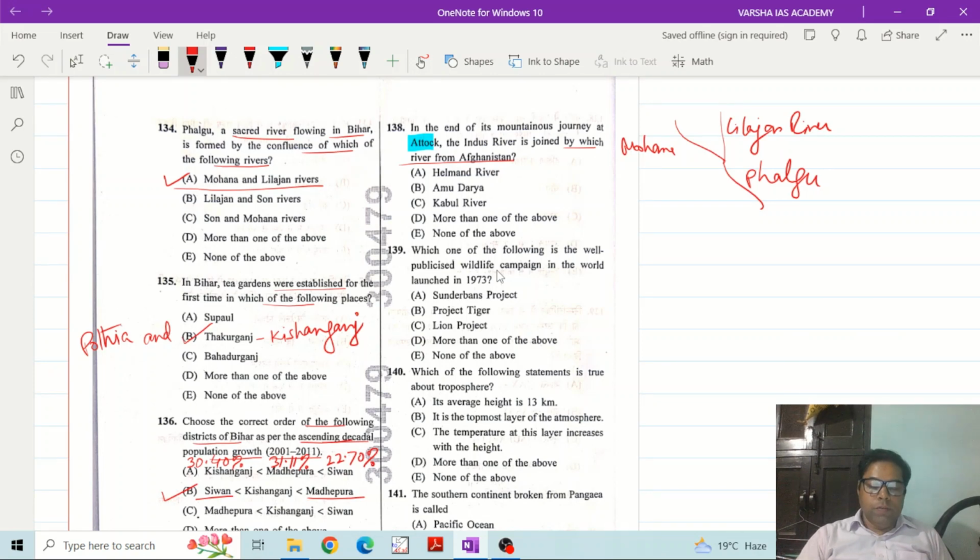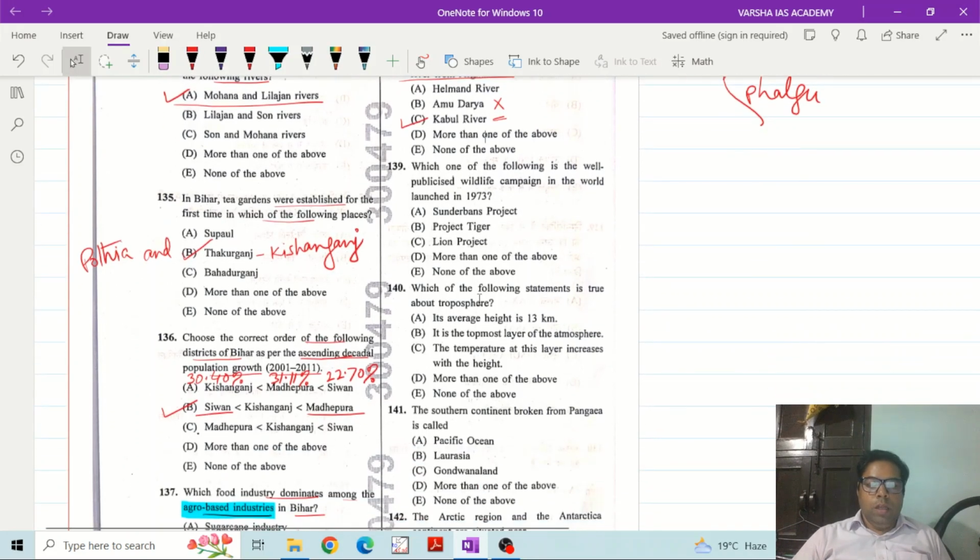Amu Darya is not there. Amu Darya comes from Tajikistan and then goes into the Aral Sea, right? Kabul River is the answer because it comes from Afghanistan and joins the Indus River in Pakistan. So this is the answer for this question, right?